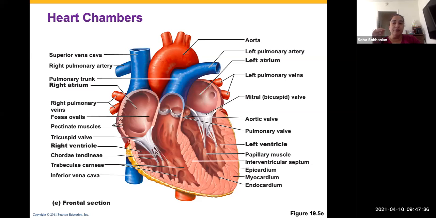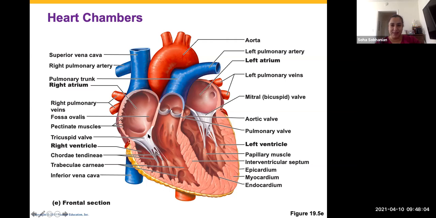Now, after your ventricles contract, contraction is followed by relaxation. As the right ventricle starts to relax, the blood that I pushed up through the pulmonary trunk says, oh, I have a space down here, so gravity pulls the blood back down toward the right ventricle.